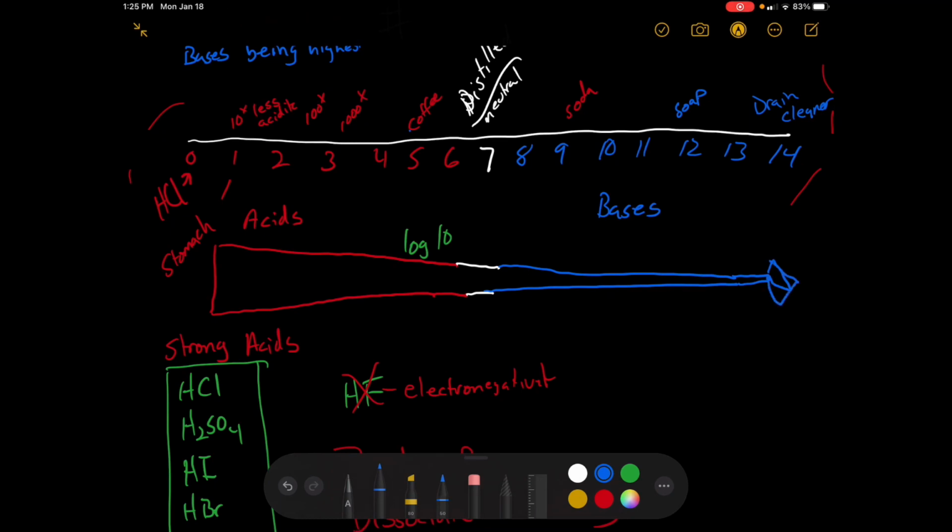It's supposed to be an arrowhead. Boom, there. So the acidity decreases as numbers rise. Just remember that can be confusing because you're thinking about acids being strong and then the numbers getting big. So yeah, just think about that.